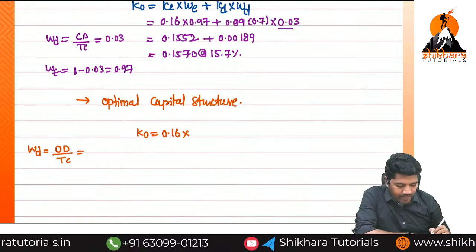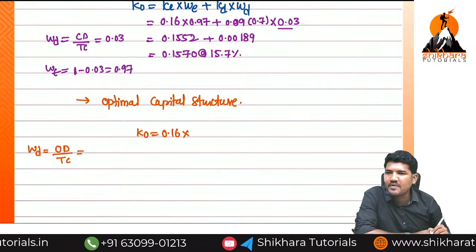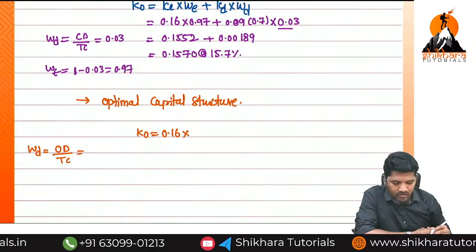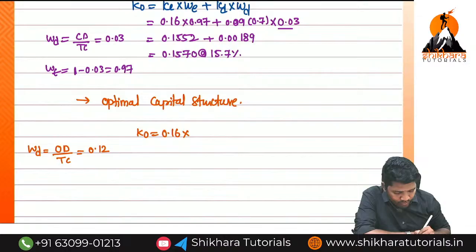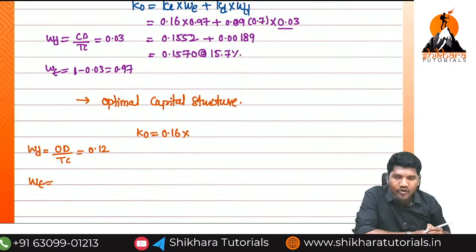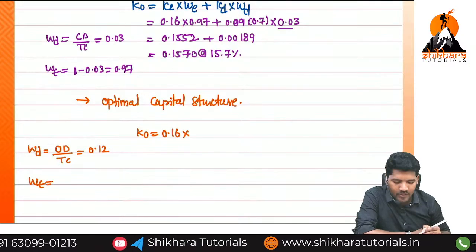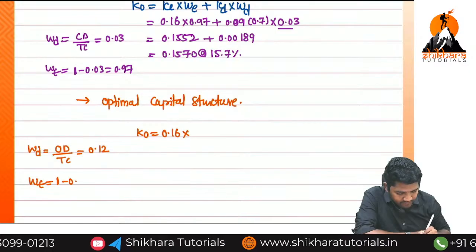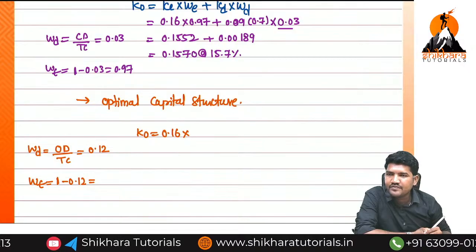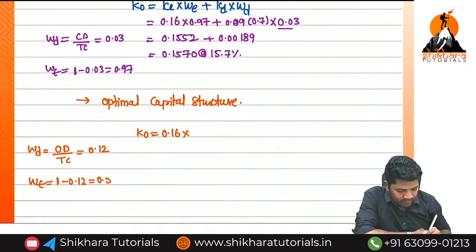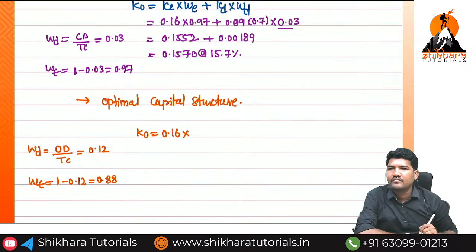Optimal debt divided by total capital is specified in the question paper: 0.12. So only two capitals are there. If out of 1 rupee 0.12 is debt, what about the pending? Equity, how much? 0.88. Completed 1 rupee.